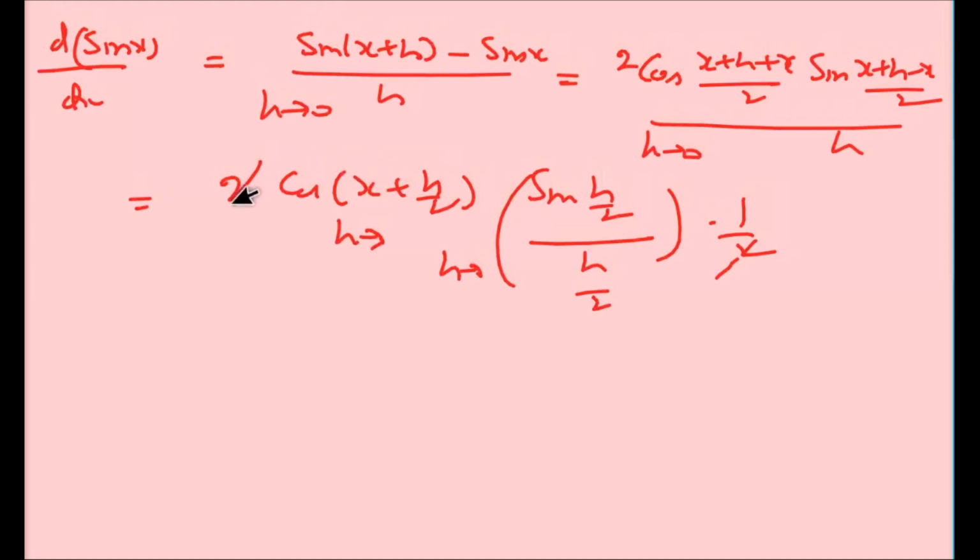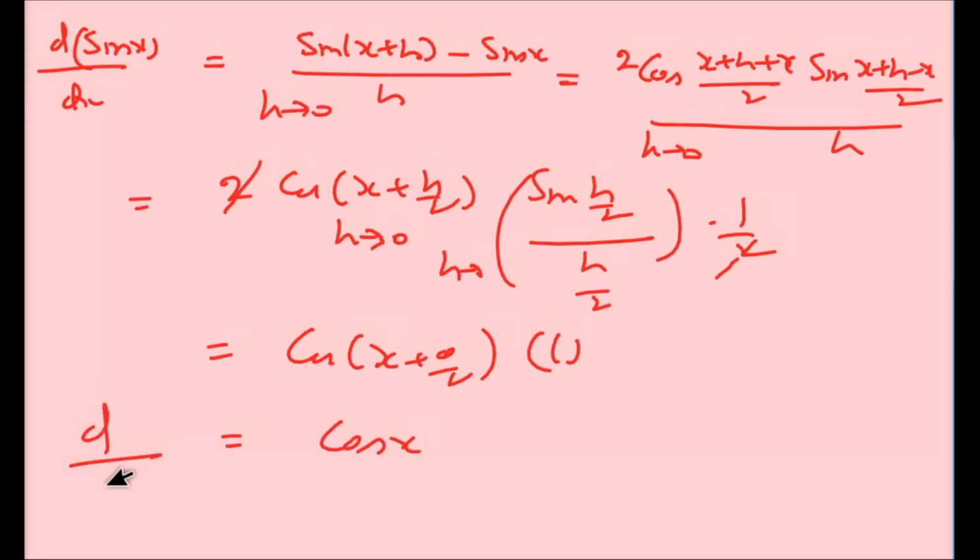This 2 is cancelled. Now putting the value, cos(x plus 0/2), so it is 1. You have already learned in the limit chapters, sin theta upon theta, theta tends towards 0 is 1. So we are getting cos x. So the differential of sin x is cos x.